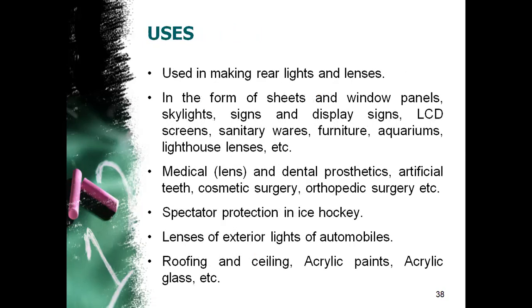Now let's see few important uses of PMMA. PMMA is used in making rear lights and lenses because of its high refractive index. In the form of sheets and window panels, skylights, it is used to make sign and display boards, LCD screens, sanitary wares, furniture, aquariums, lighthouse lenses, etc. Lens and dental prosthetics, artificial teeth, cosmetic surgery, orthopedic surgery, etc. are also important uses of PMMA.